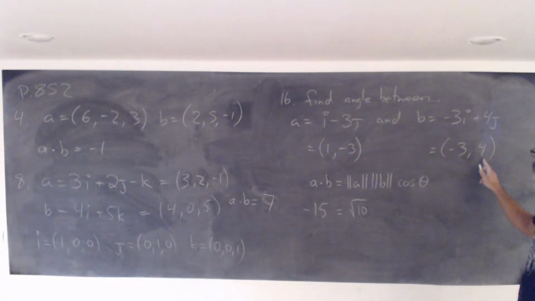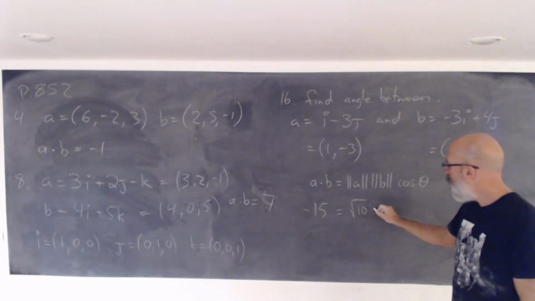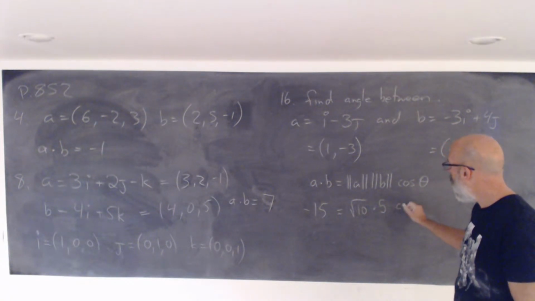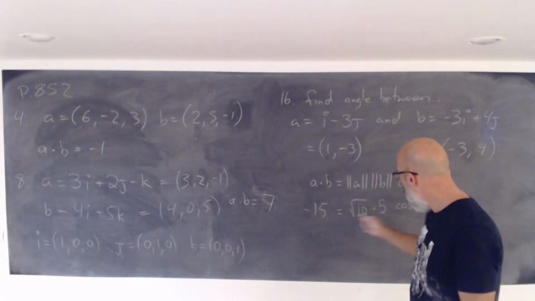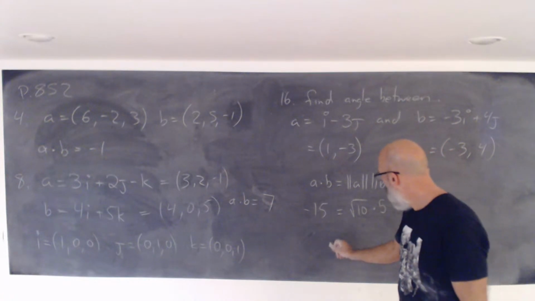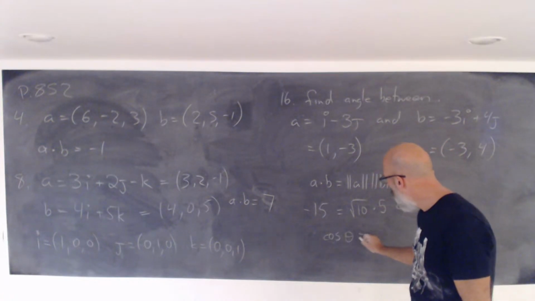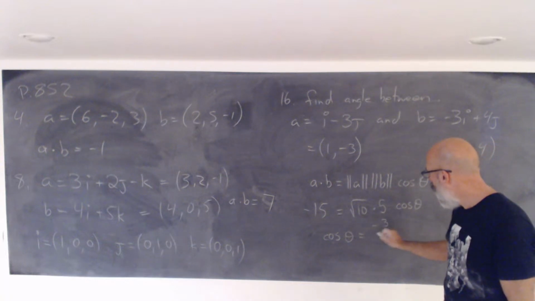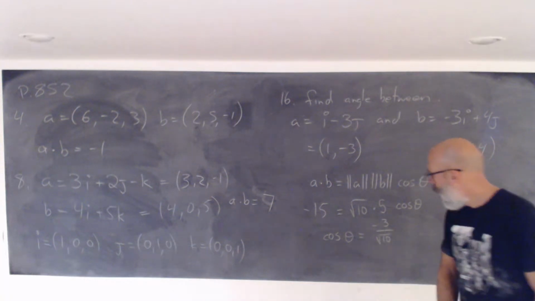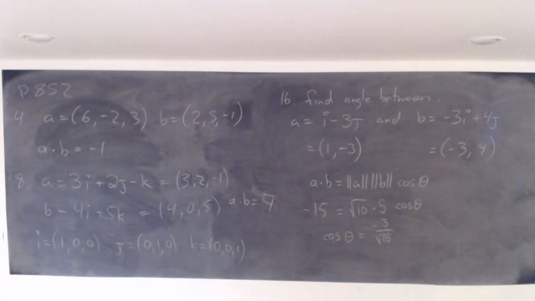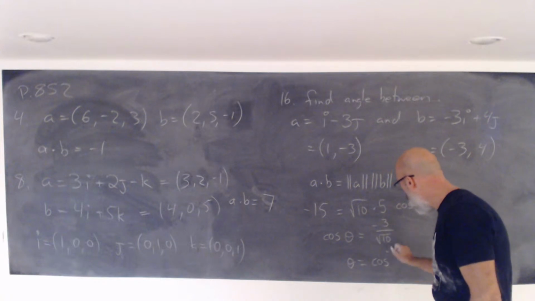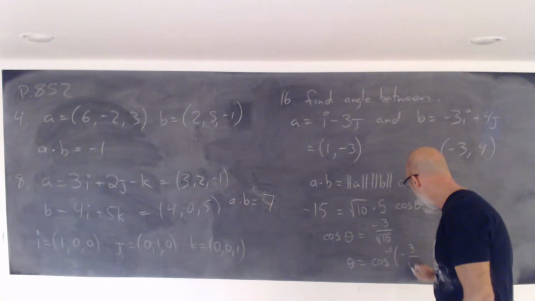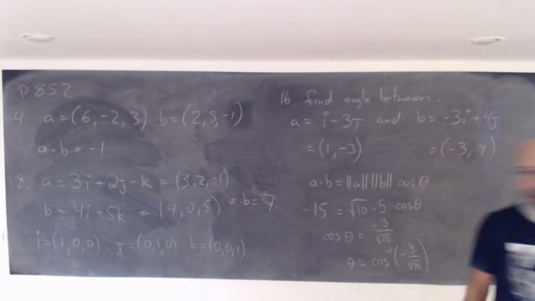Length of B, 16 plus 9 is 25. Square root of that is 5. Cosine of the angle between the two is minus 3 over root 10. And consequently, theta is the inverse cosine of minus 3 over root 10. Whatever that is.